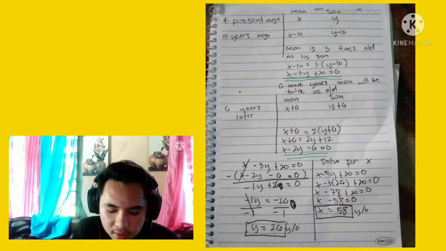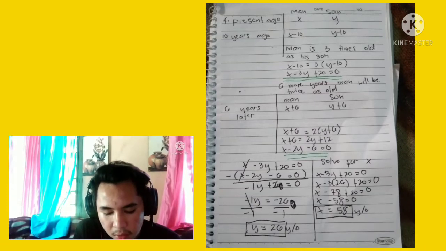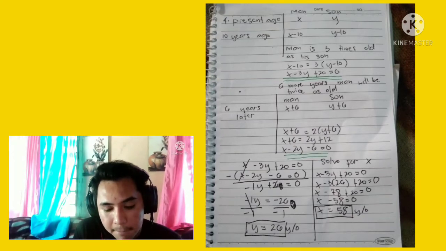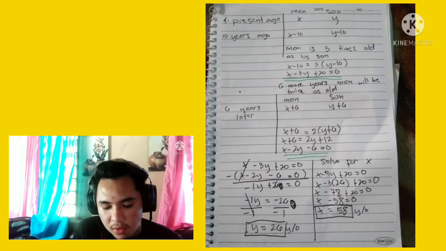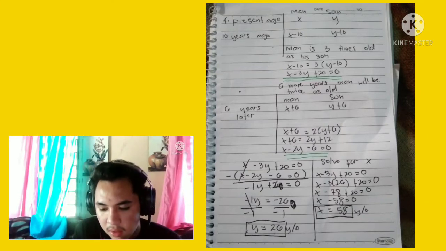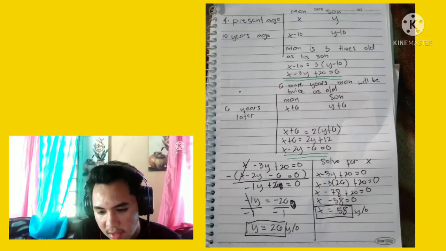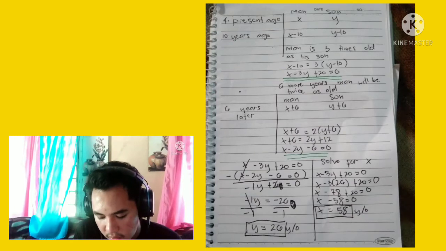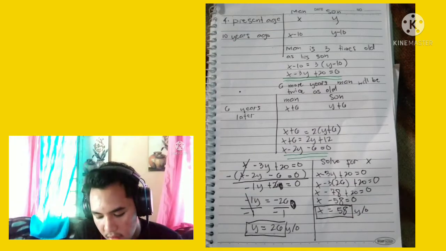Then we can move our 26 to the other side. So we have negative 1y equals negative 26. So divide both sides by negative 1. So now we will get y is equal to 26 years old. That is the age of the son, or the present age of the son.